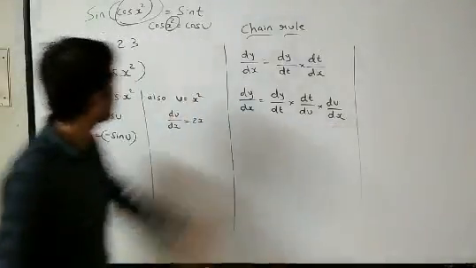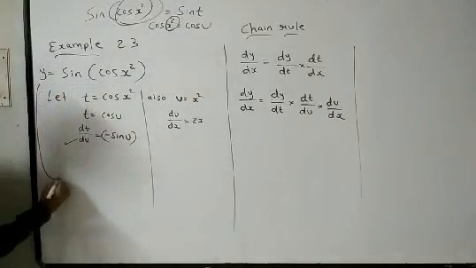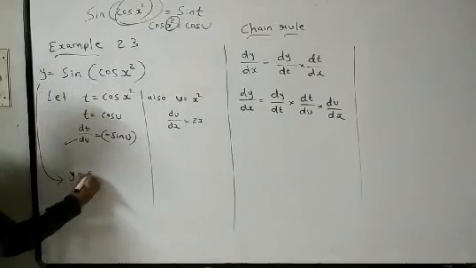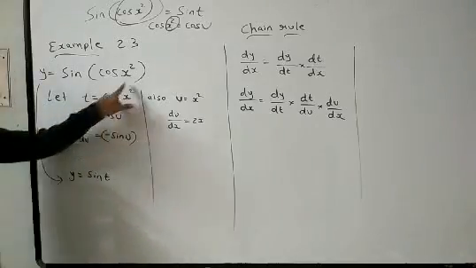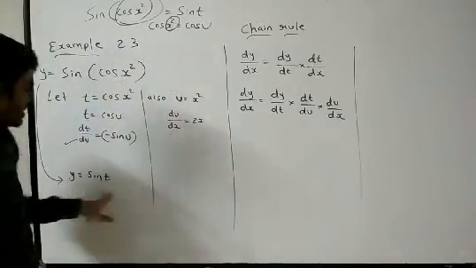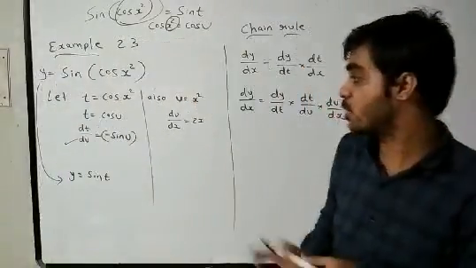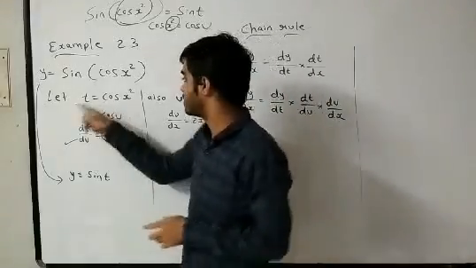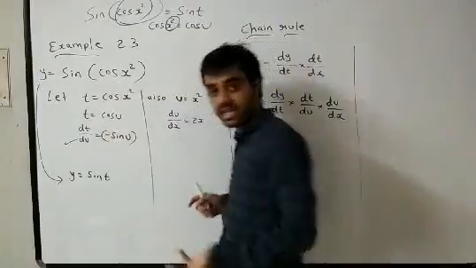Now we want dy by dt. We have y equal to sine of cos x square, and cos x square is equal to t. Here you don't need to use t and u both together. You might get that question. We have assumed u is equal to x square, so cos u, but we have not assumed cos u.